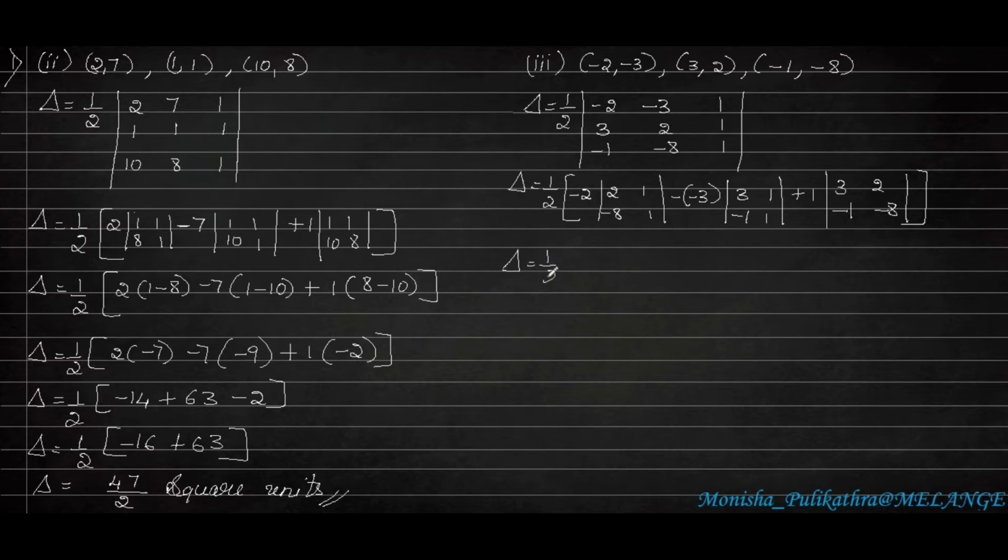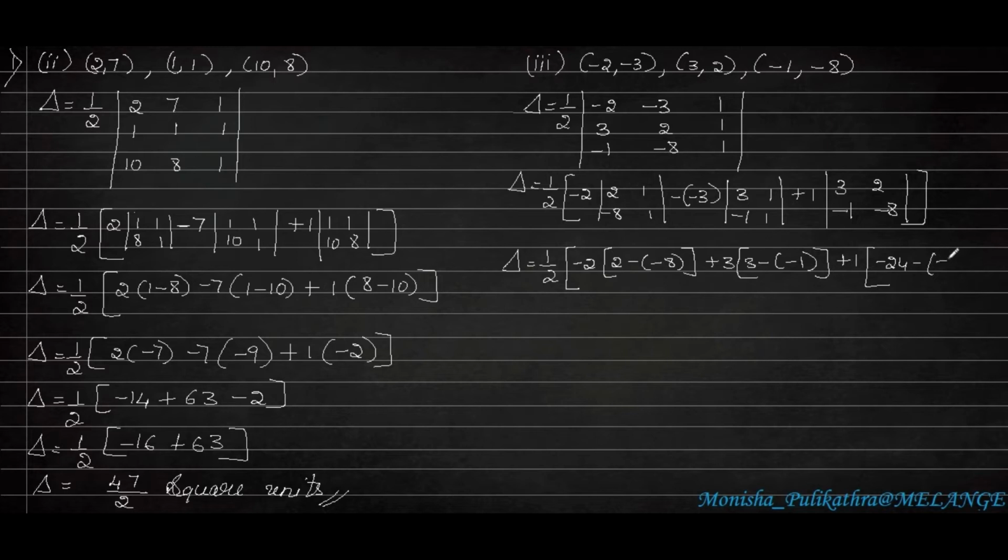So delta is equal to half into minus 2. Here 2 ones are 2, minus of 8 ones are 8. Minus 8 is there. Minus minus plus 3. 3 ones are 3. Minus of, here minus 1 into 1, minus 1. So plus 1. 8 3s are 24. Minus 24.